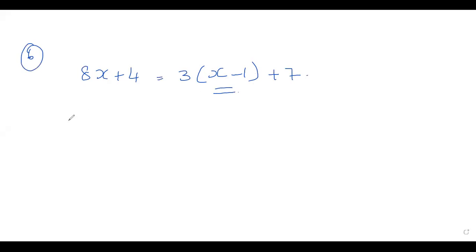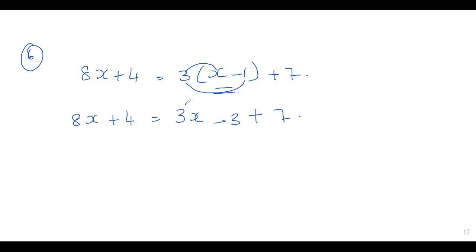You have to remove the bracket first. 8x plus 4. So I'm going to remove the bracket. 3 into x is 3x. First multiply x and then minus 1. 3 into x is 3x, minus 3 ones are 3, plus 7.